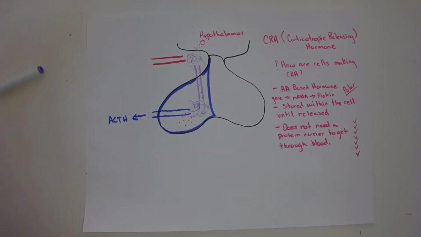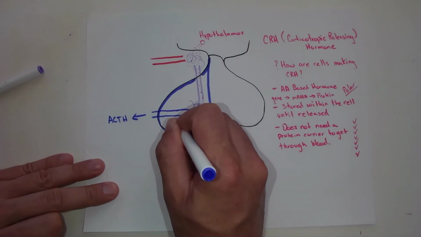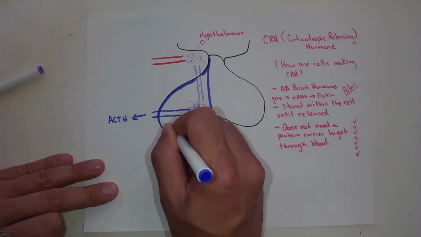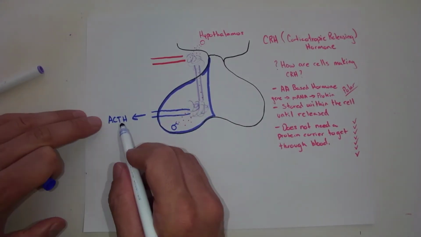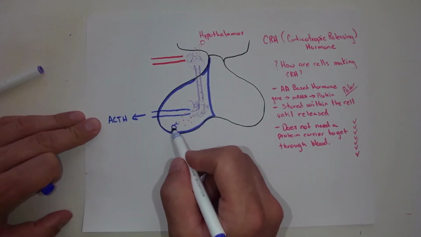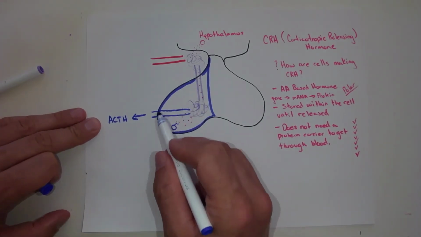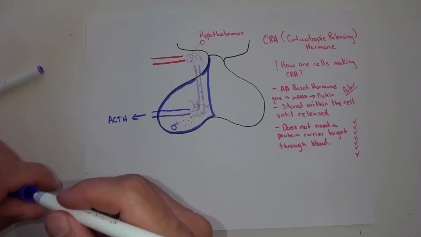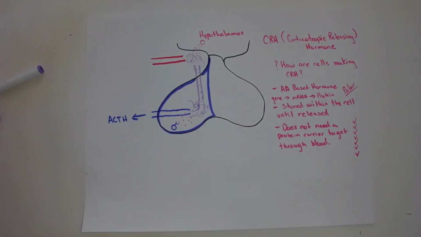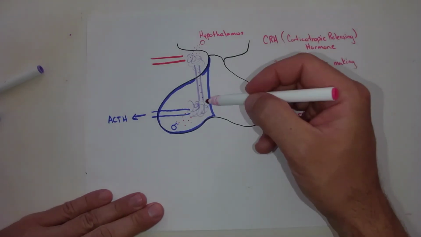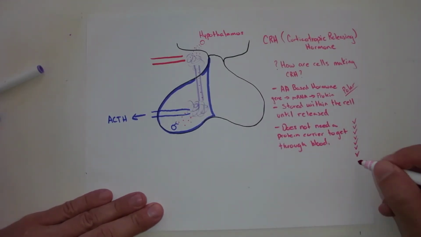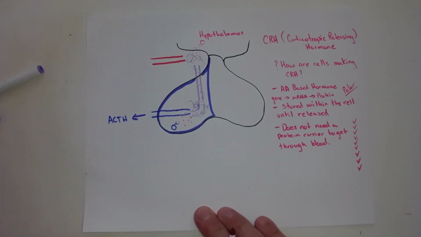So it's going to bind to adrenocorticotropic hormone producing cells of the anterior pituitary, causing it to be released. So now I know the target organ and the specific cell and the effect that it has. It increases ACTH levels in the blood.